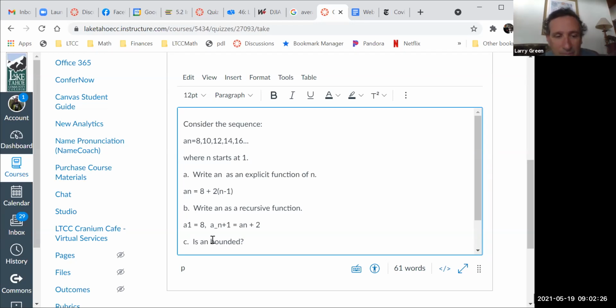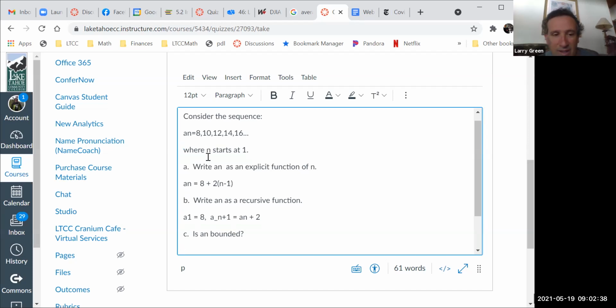Okay, is a_n bounded? Yes or no? Yeah, this one's a no. A lot of this is just, do you understand the vocabulary? That's all this really is. So a_n is not bounded because 8, 10, 12, 14, 16... if it was bounded, then you could say a number and it'll never get above that number. But these numbers get higher and higher and higher and it'll get above any number you say. Any real number.